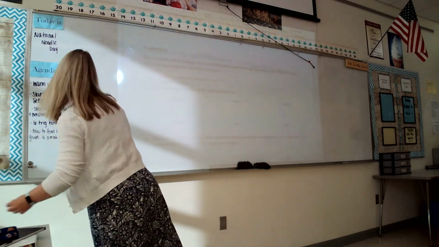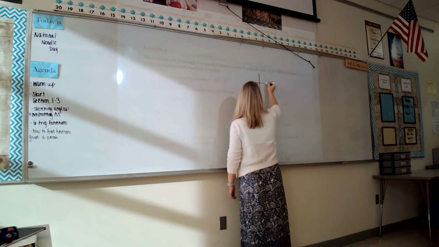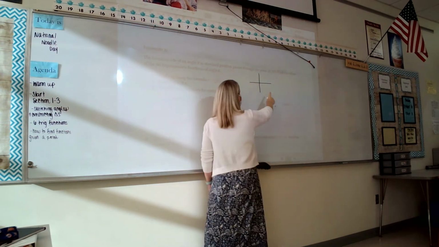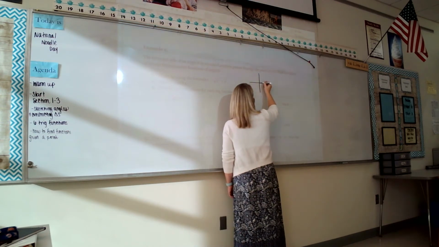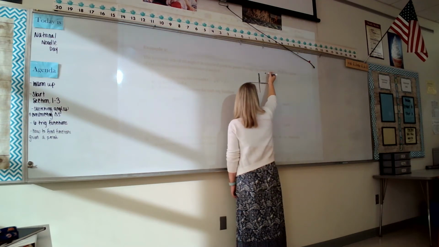So what it's saying is, we're going to draw an angle. Its terminal side, so just where you draw that ray, is going through the point 8, 15. I'm just going to do a quick little sketch. 1, 2, 3, 4, 5, 6, 7, 8. 1, 2, 3, 4, 5, 6, 7, 8, 9, 10, 11, 12, 13, 14, 15. Okay, so I have this point. It doesn't have to be perfect.